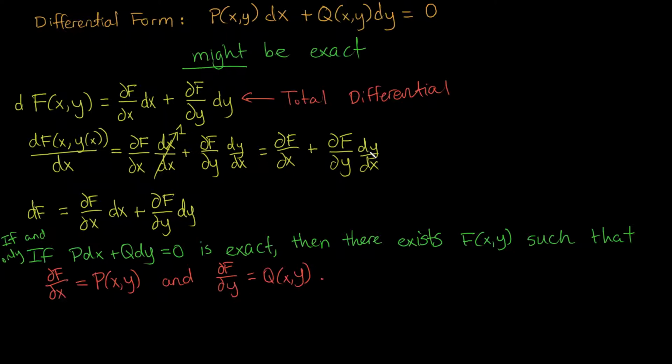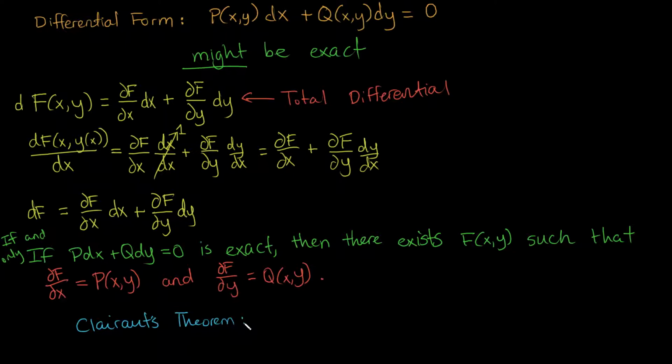Well, we turn to yet another theorem in multivariable calculus for this. And the theorem we turn to is Clairaut's theorem, and I'm always bad with specific theorem names. I like to remember what they do, not what they're called. But for this case, let's also learn what it's called. It's Clairaut's theorem.